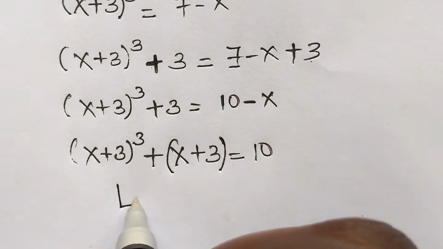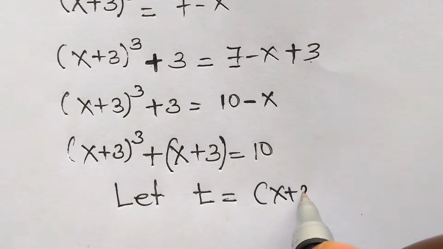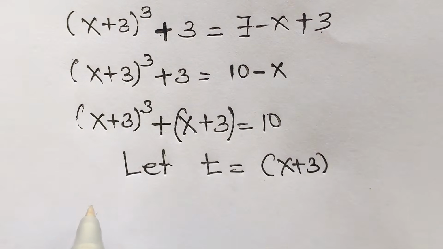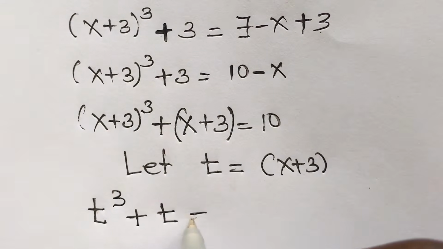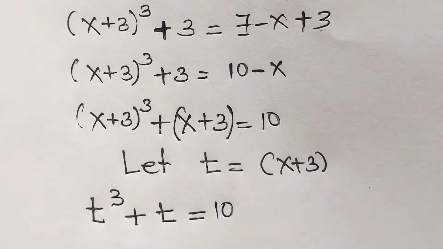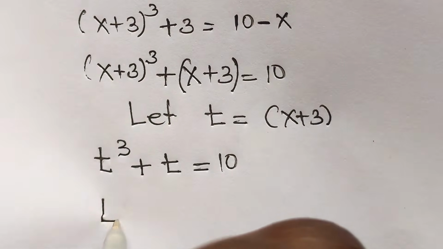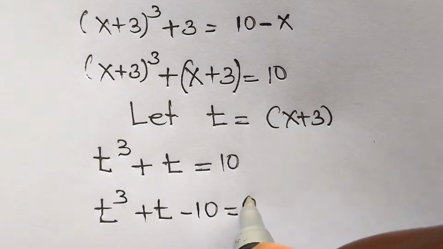At this stage we can write t equals to x plus 3. Then we shall replace it in the above equation to get t power 3 plus t equals to 10. Of course, then we shall write this as t power 3 plus t minus 10 equals to 0.